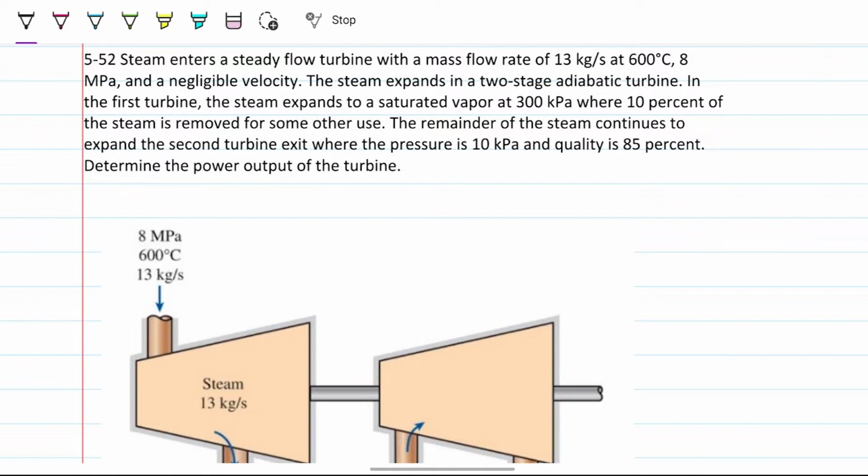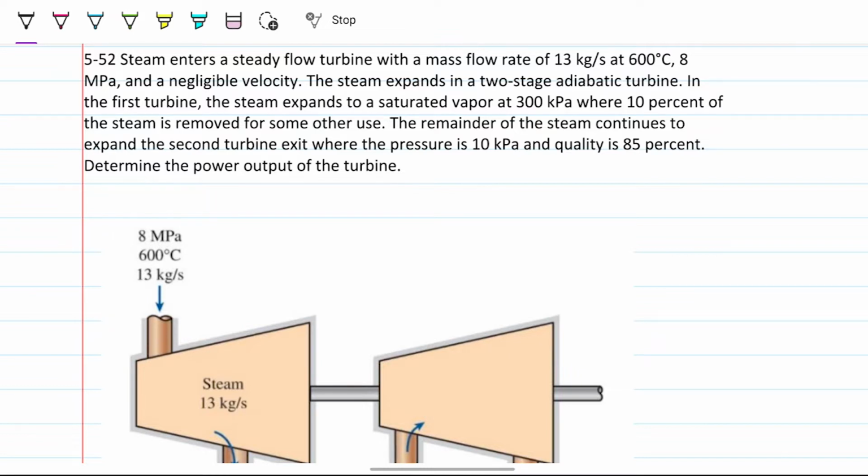The steam expands in a two-stage adiabatic turbine. In the first turbine, the steam expands to a saturated vapor at 300 kilopascals, where 10% of the steam is removed for some other use. The remainder of the steam continues to expand. The second turbine exits where the pressure is 10 kilopascals and the quality is 85%. Determine the power output of the turbine.